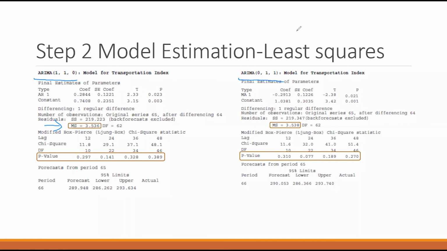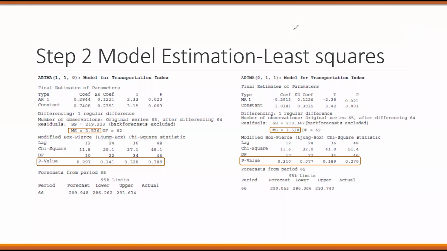The smaller MS means a better model, all right? The smaller MS is, the better. So when looking at these two models, there's not really any difference. One is 3.536 and the other one is 3.538. Tiny little bit of difference. So I would say both models are good.